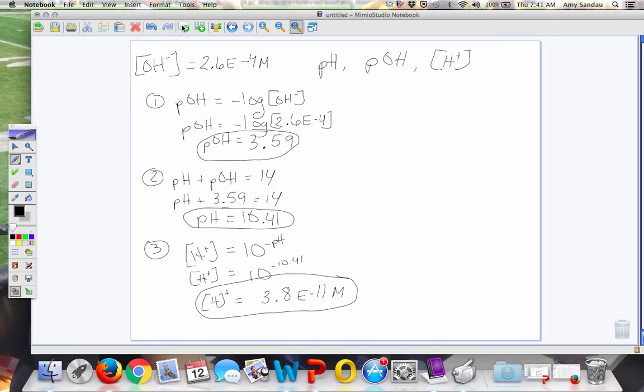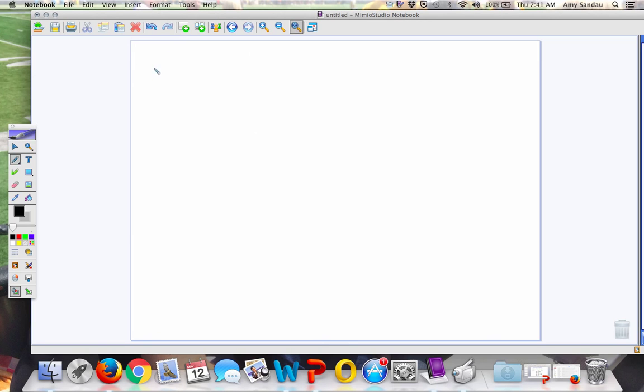So the very last one that I want to show you guys how to do is if you are given the pOH, you'll be able to find the pH, the hydroxide ion concentration, and the hydrogen ion concentration.